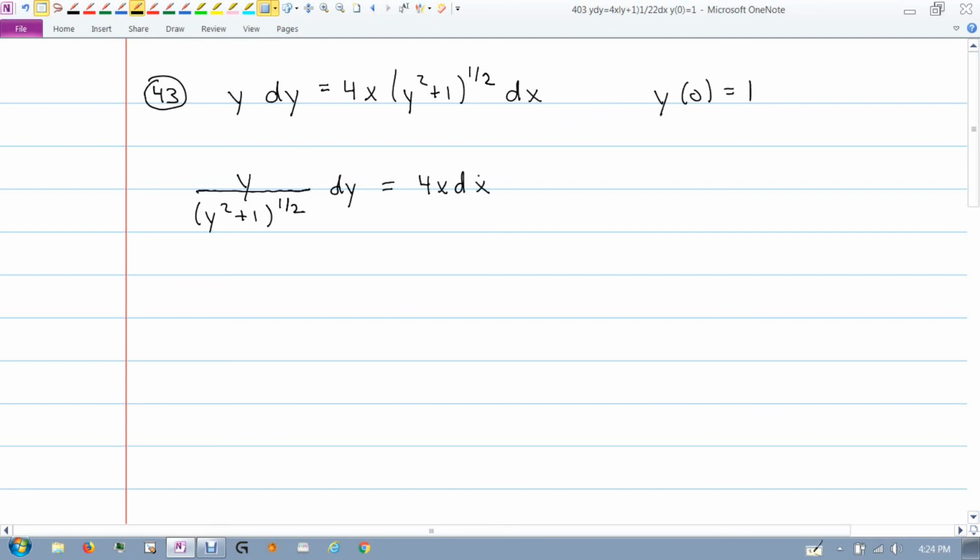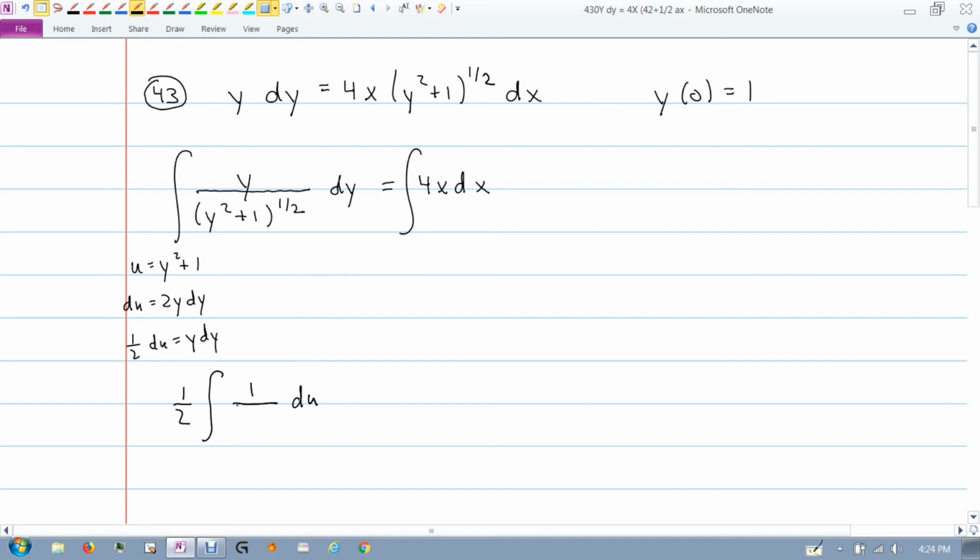So the left side, when we integrate, we've got a basic u-sub. Let u be equal to y squared plus 1. The derivative of that is 2y dy. Scale by 1/2 so that it matches up with what you have up there, y dy. So this integral becomes the integral, the 1/2 comes out, du.